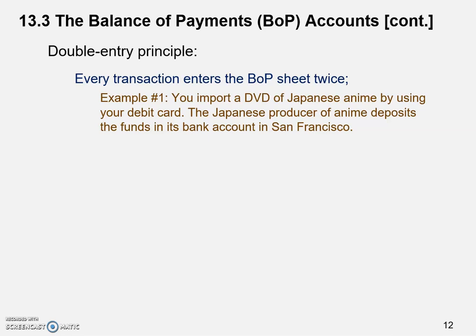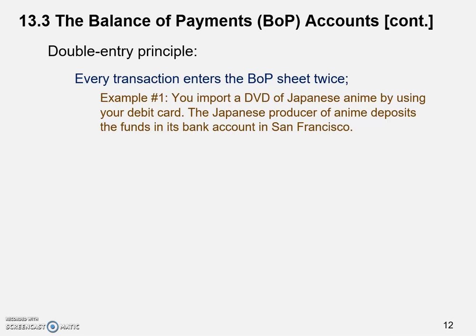In other words, this bank in the United States sold a financial asset, which is a deposit in this case, to the Japanese producer. So the money flows into the United States, and it would also be recorded as a credit under financial account. So putting together, it's a debit under current account and a credit under financial account.